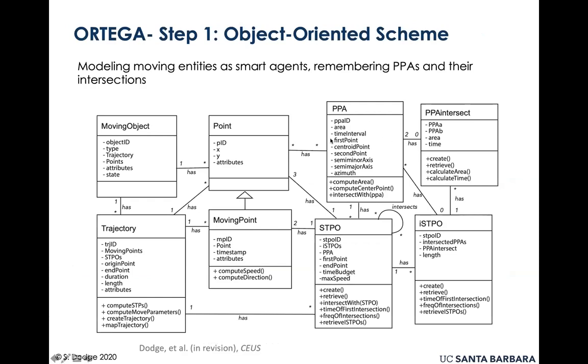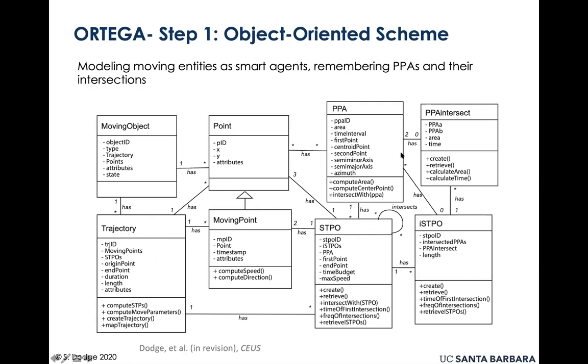So we identify moving entities as moving objects and their trajectories as trajectory objects. Each trajectory includes a series of space-time prisms, and each prism has a potential path area as a projected 2D geographic area, which is a projection of the space-time prism on geographic area.